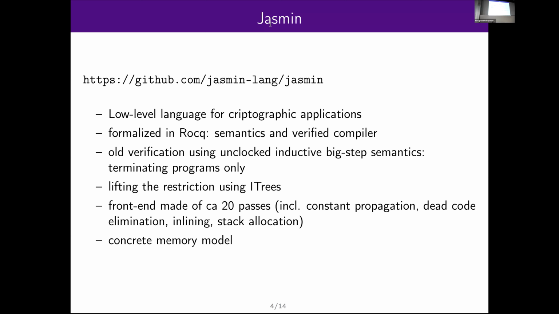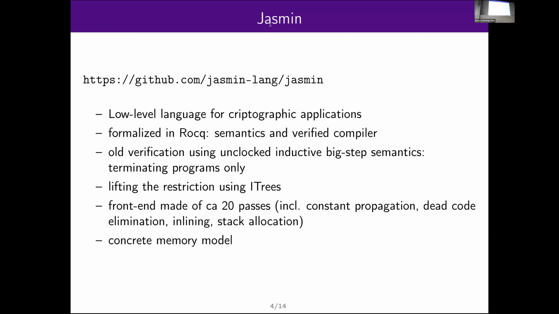For example, it allows us to decide where a value is stored, in memory or in a variable or in a register and things like that. And it's used basically to implement and verify cryptographic protocols. It is formalized in Coq, and not only the semantics of the language, but also the compiler.